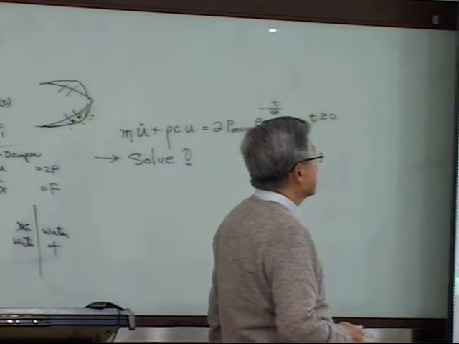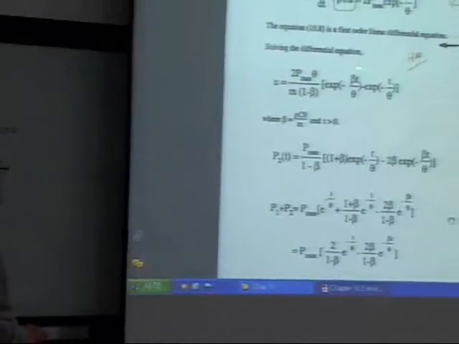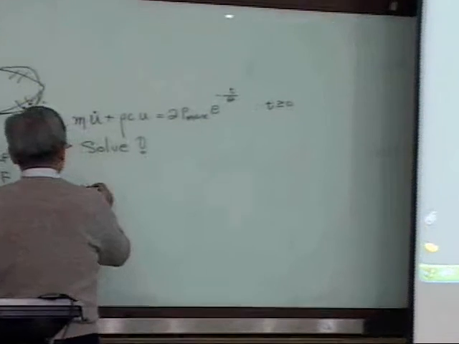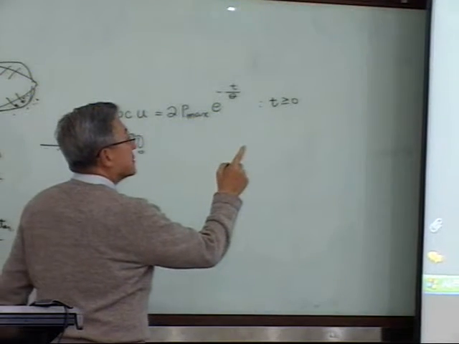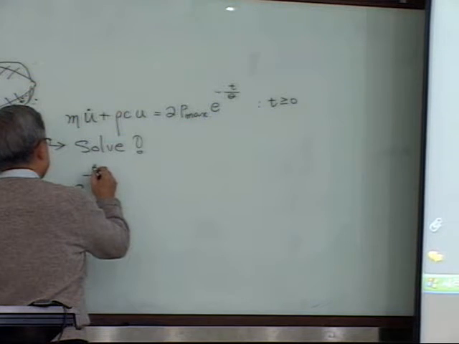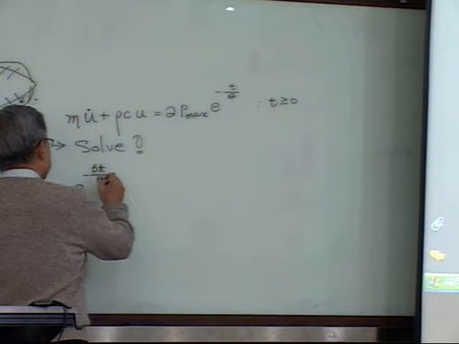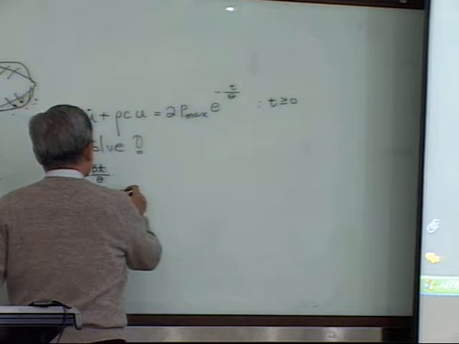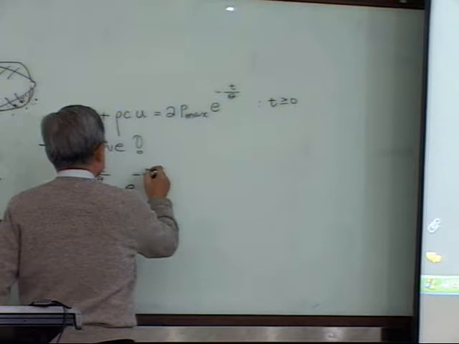So the solution is like this. This is an exponential: e to the minus t over theta, with beta, minus the exponential of minus beta t.